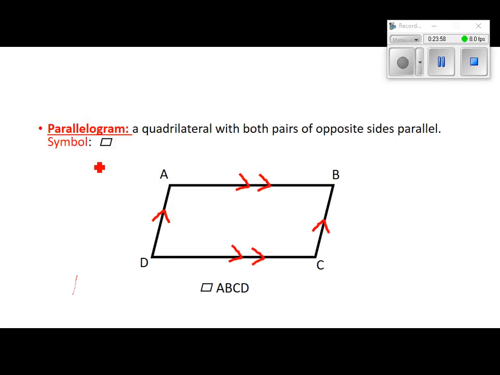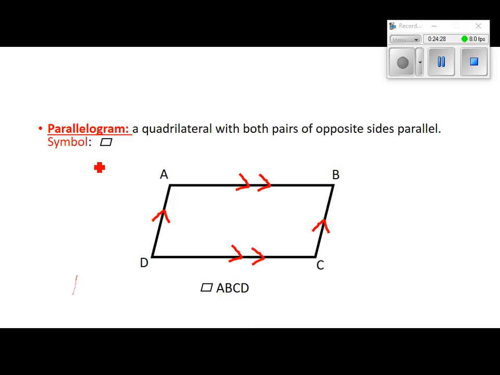All right, go ahead and write this down. A parallelogram is a quadrilateral with both pairs of opposite sides parallel. Now, some of you are saying, and we'll talk about it a couple of classes from now, that they changed the definition of a trapezoid.